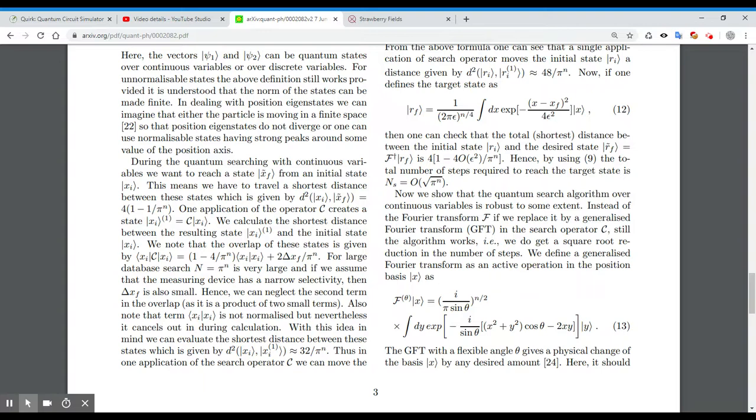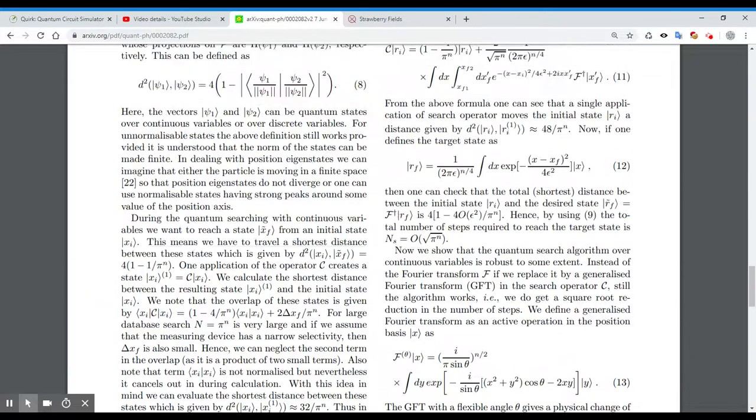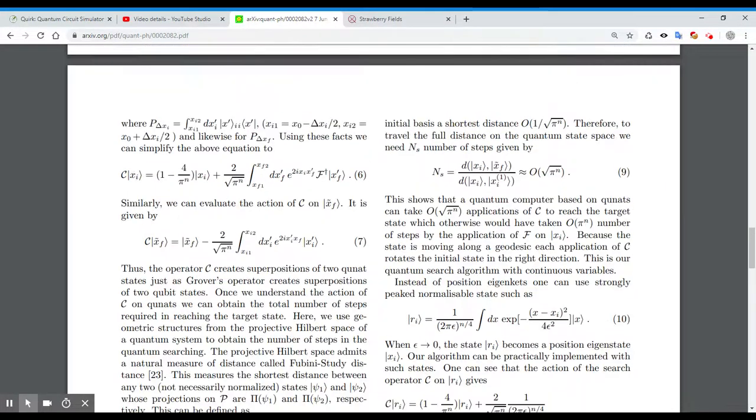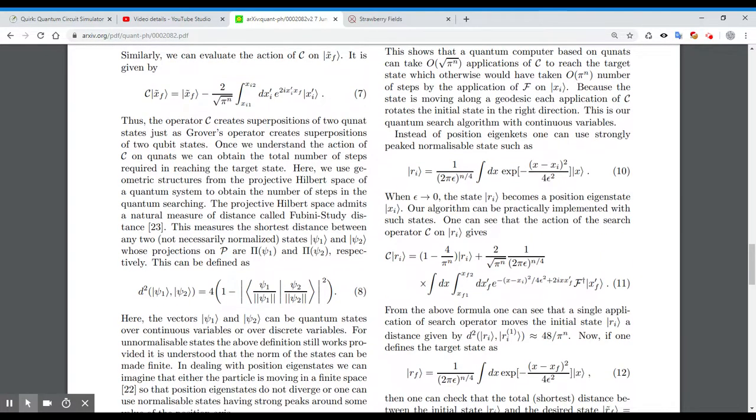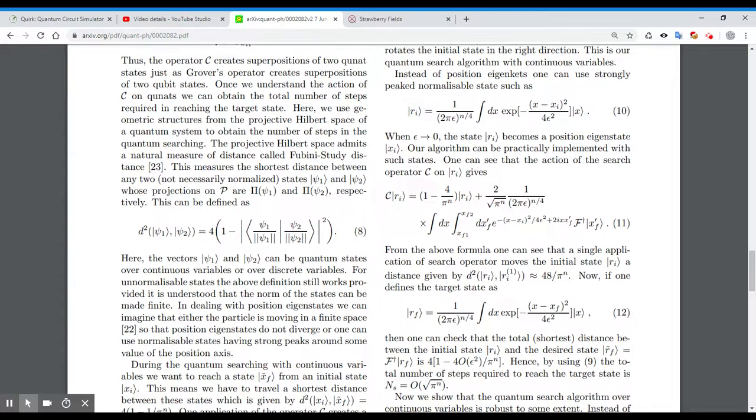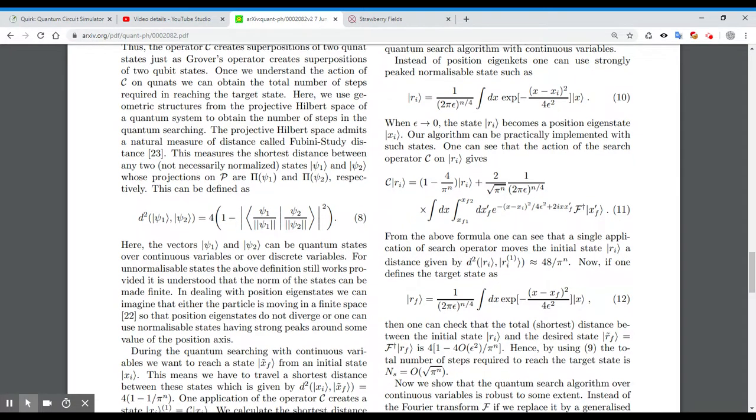This means we have to travel a shortest distance between these states, which is given. I guess here they just go ahead and try to find the number of steps that you need. Initial base short distance, therefore blah blah. A quantum computer based on QNAT can take applications of C. I'm not interested in knowing how many steps this can take me right now.